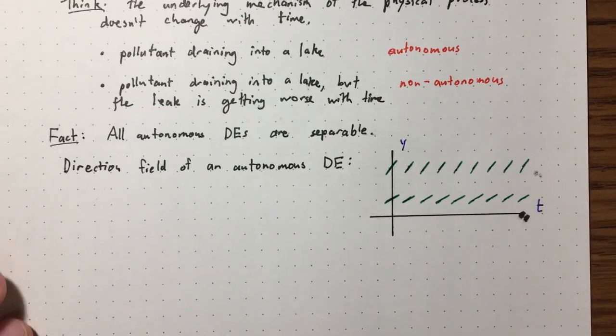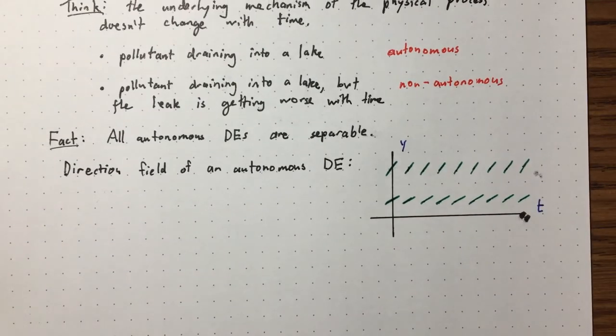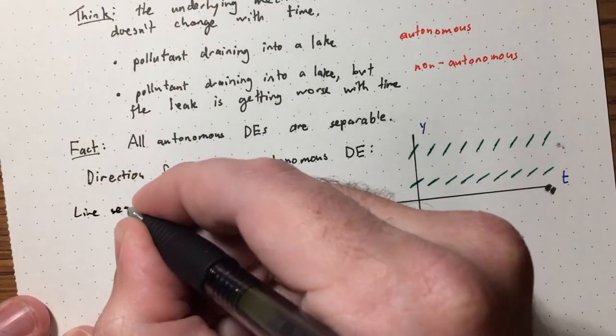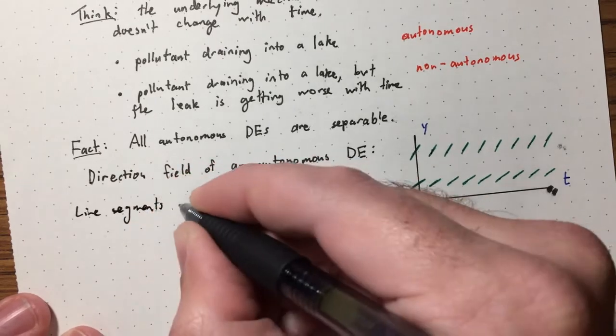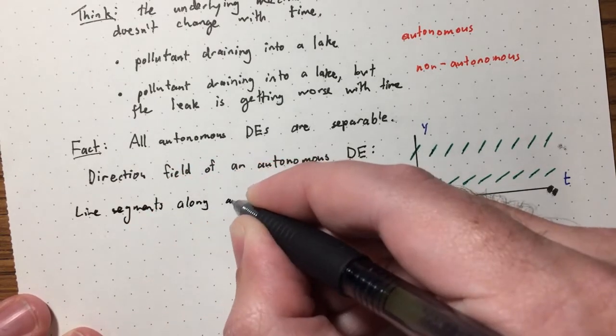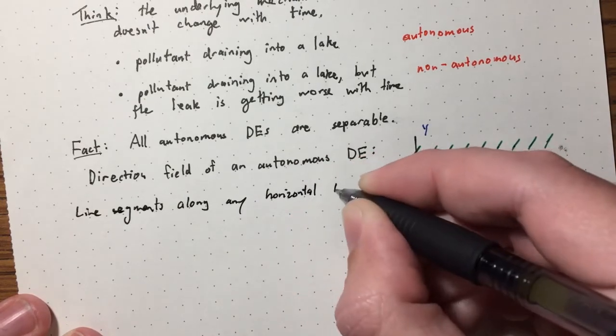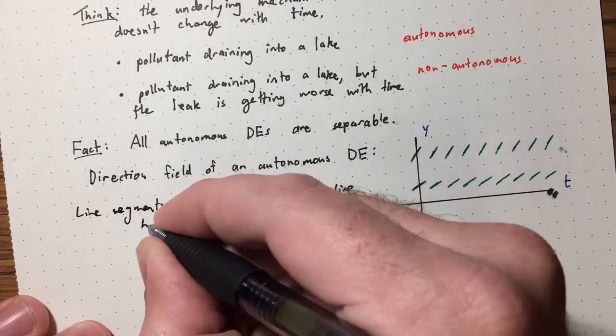Let me sum it up in words. The line segments along any horizontal line have the same slope.